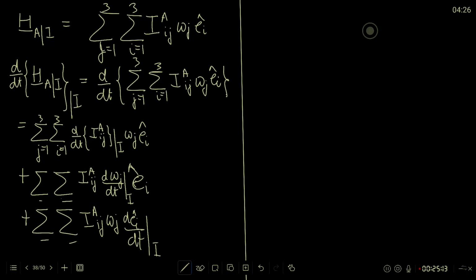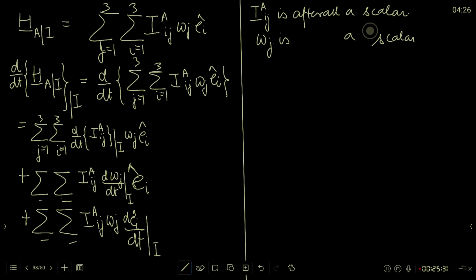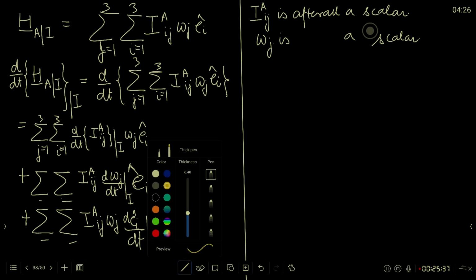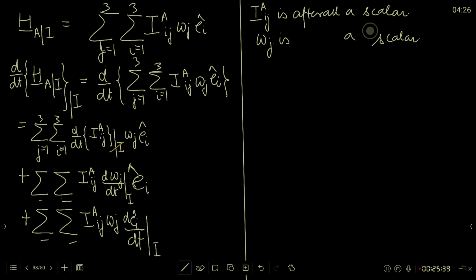Then I realize that A_ij is after all a scalar. Omega_j also is a scalar, and that is why I don't need to put the hat i here and here, not required.